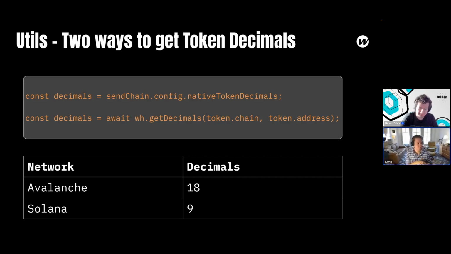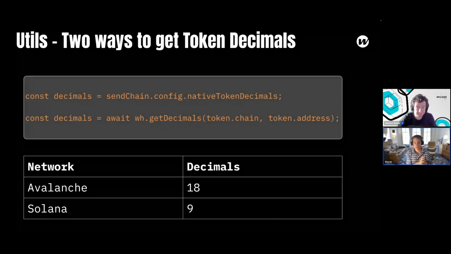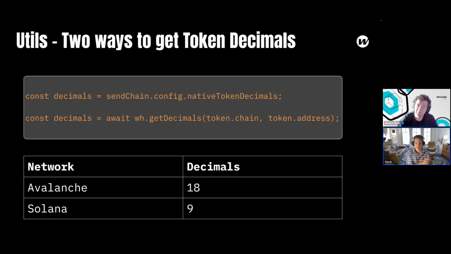And so Wormhole provides 2 different ways for you to get this information. The first one is you can call a method on your sending chain context, right? We can say config.nativeTokenDecimals, and we can reach into that chain context and get that information.